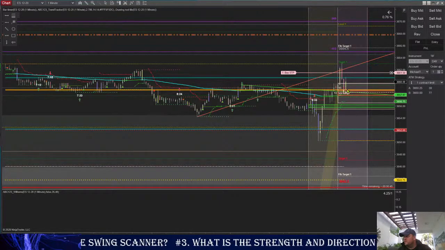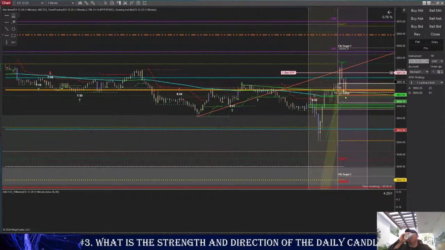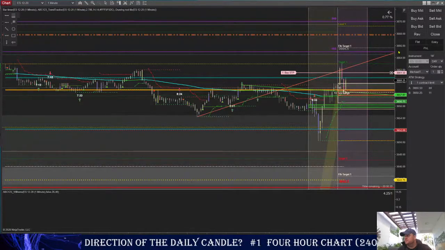Hit it back right at volume point of control again. Two 63, 64, 65, 66. Level 1 is up here.